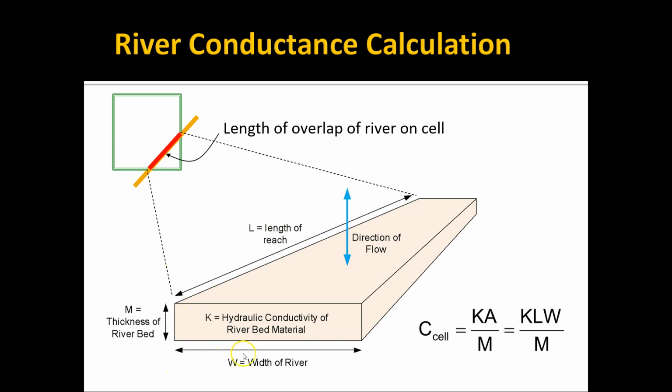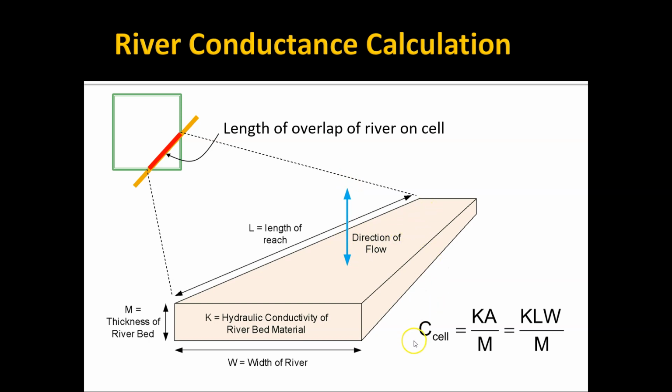Then you estimate the width of the river, the thickness of the river bottom sediments, and the hydraulic conductivity of the riverbed material. And the water, whether it's flowing down or up, goes in the direction shown by the blue arrow.